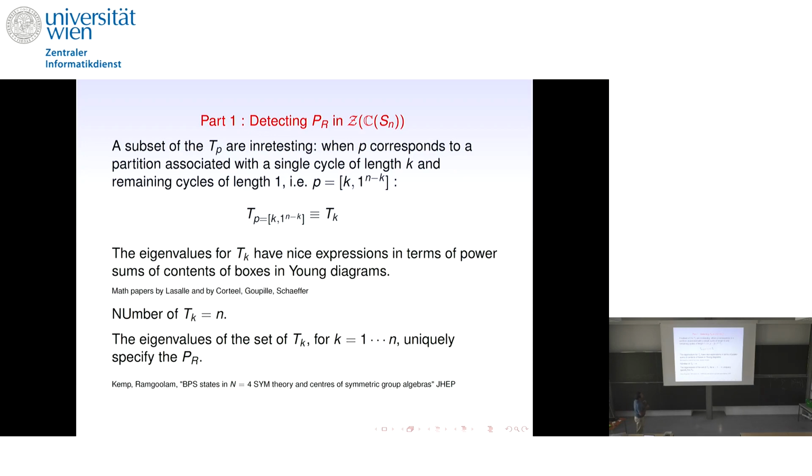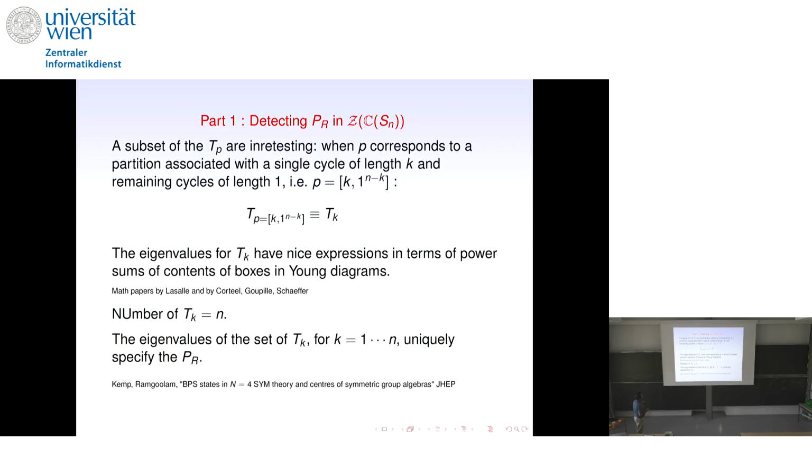P is a partition in general, but it turns out that partitions of a special kind, where you have one cycle of length k and remaining cycles of length 1, are all that are going to be important in this projector identification problem.